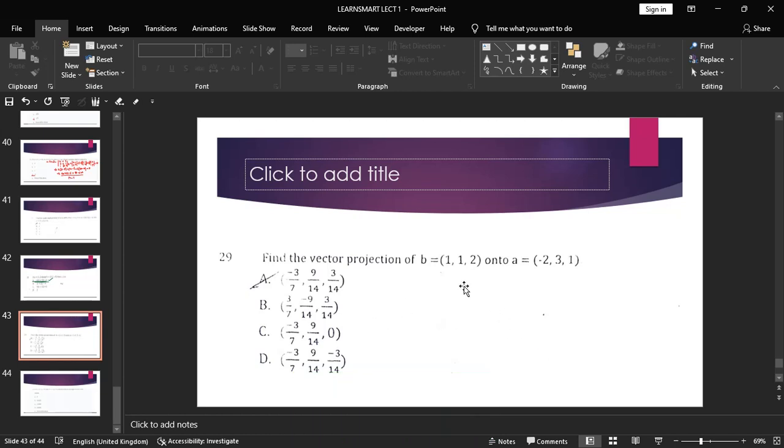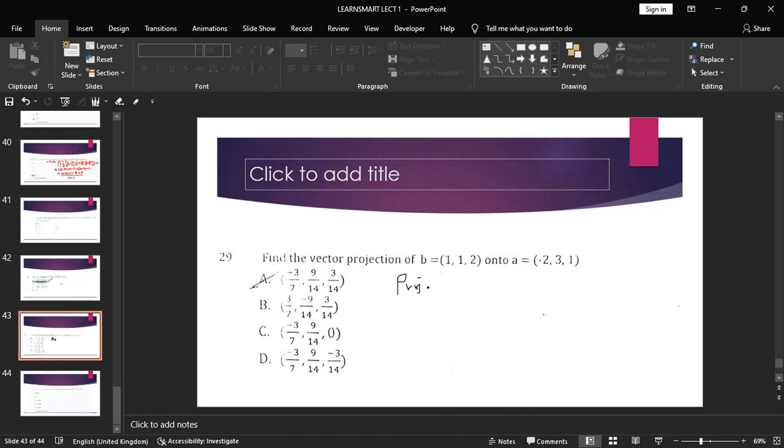So let's see. We have to find the vector projection of B onto A. The similar approach. When you want to find your vector projection, B onto A, remember you use a certain formula.